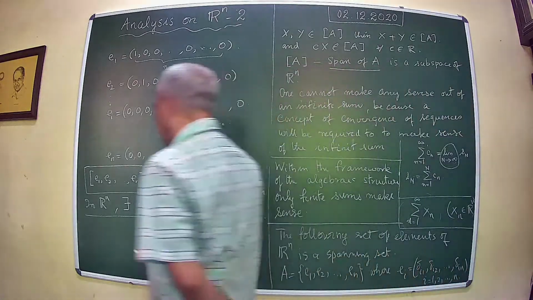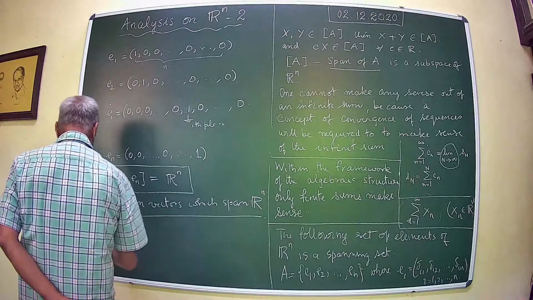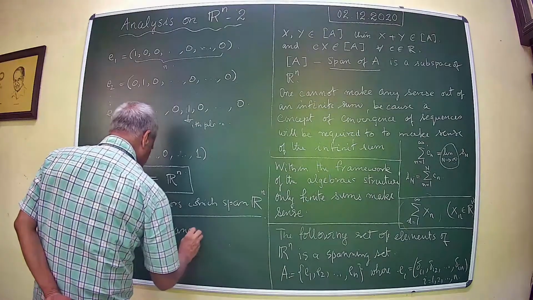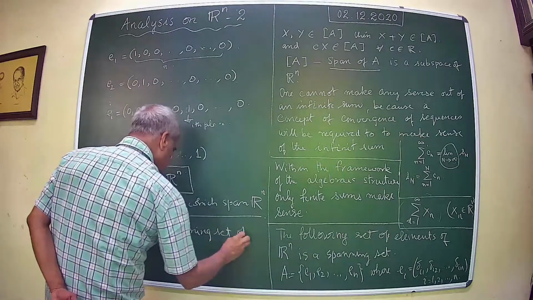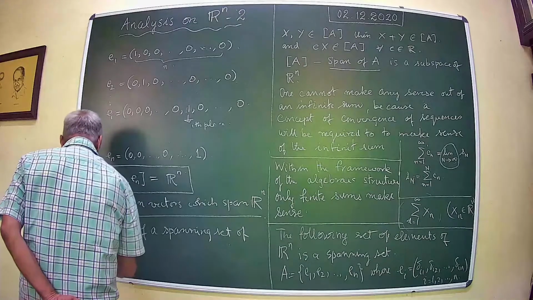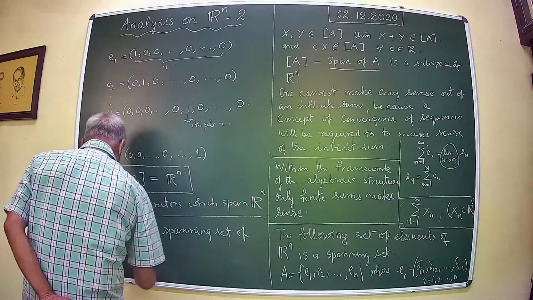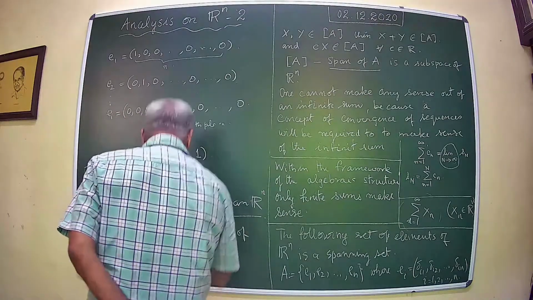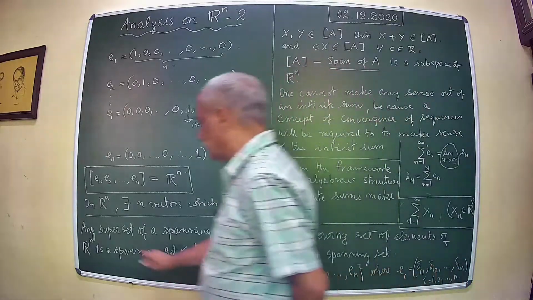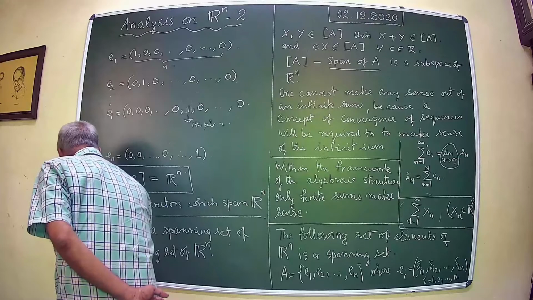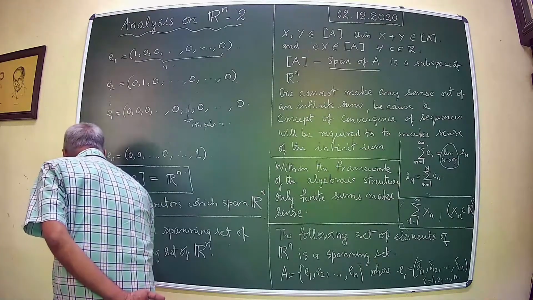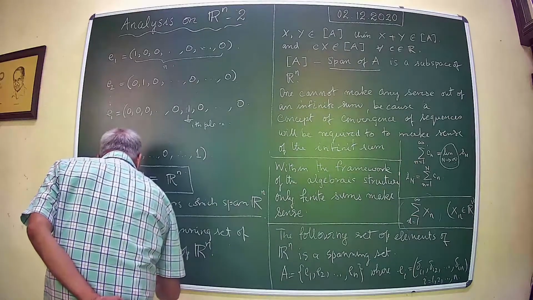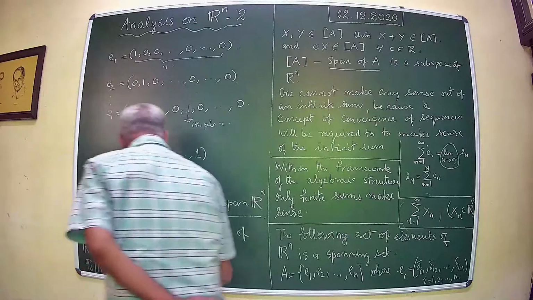So any superset of a spanning set is a spanning set. If the span of A is equal to R^n and B contains A, then the span of B is R^n.